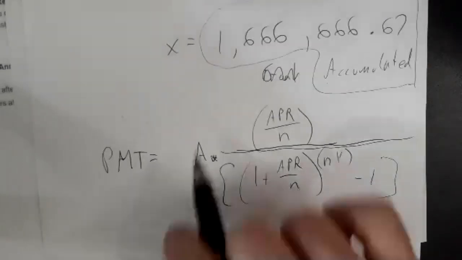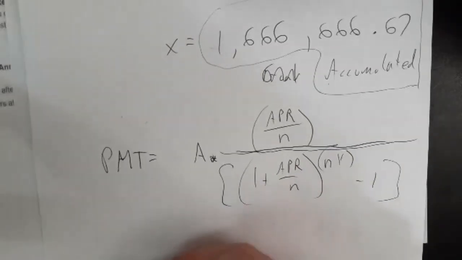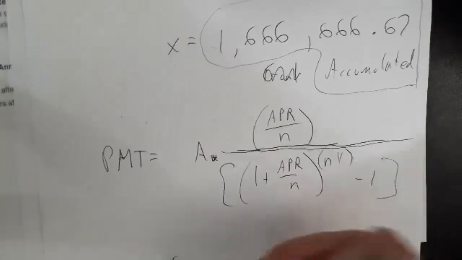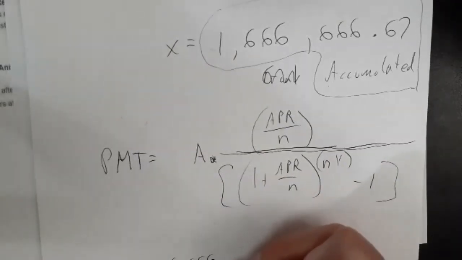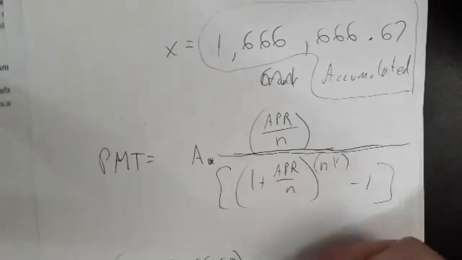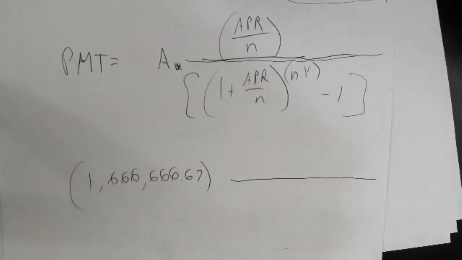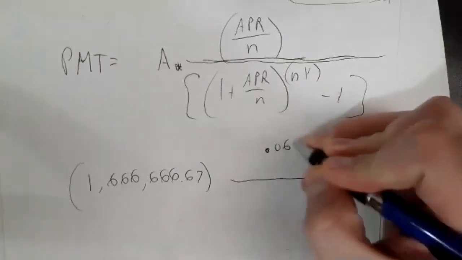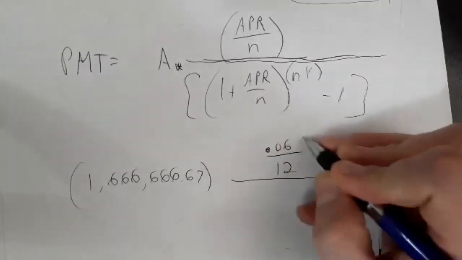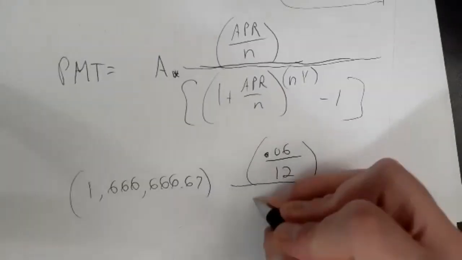My accumulated amount is the thing out in front, the big nasty thing we just figured out. It's this crazy big number times some crazy fraction. My APR is still the same APR on the account they were talking about, that 6%. My N, I believe we're still making monthly payments in this one.